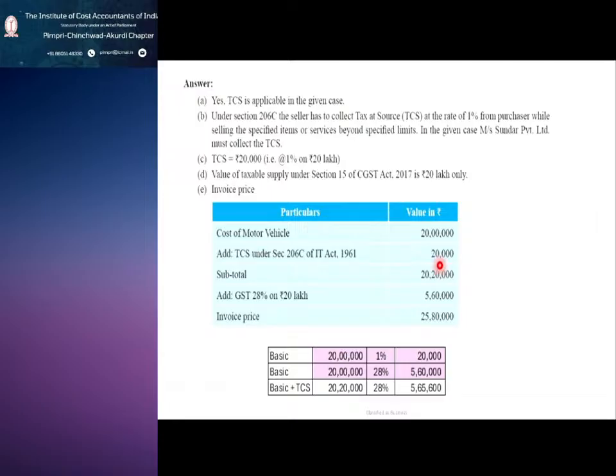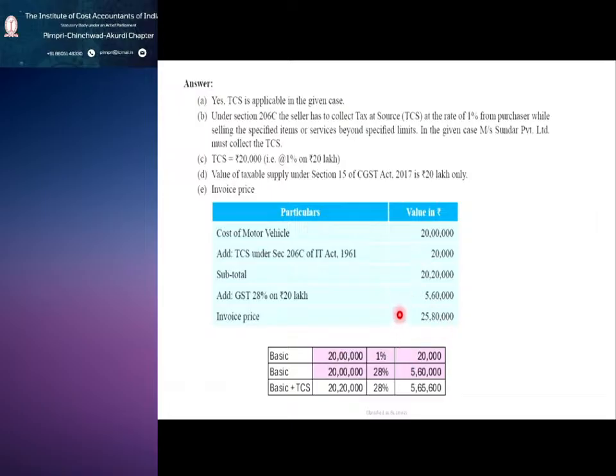For certain products it is applicable, and mainly for scrap sales this TCS is also applicable. So here in GST, only in this particular case you are finding it; once you come to direct tax, you will go in depth into which items you need to collect TCS on and where you need to exclude, and you will go into that in detail.